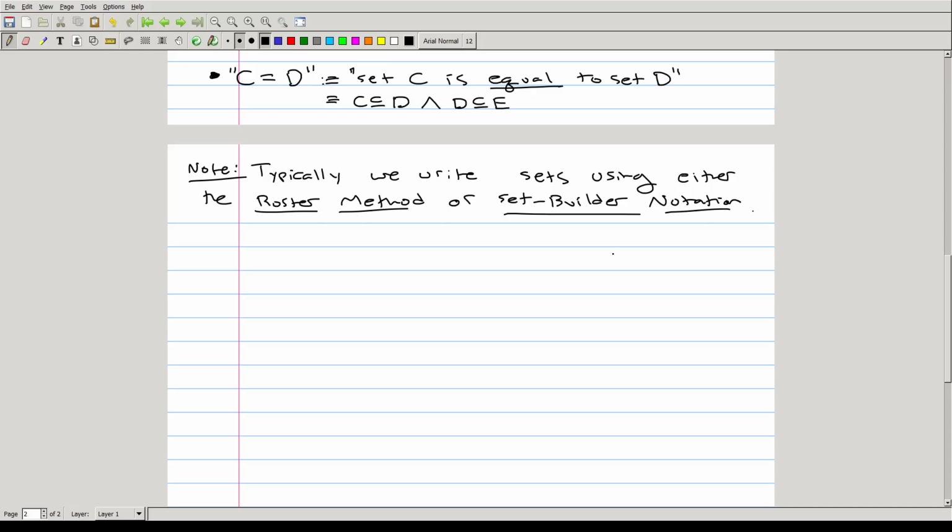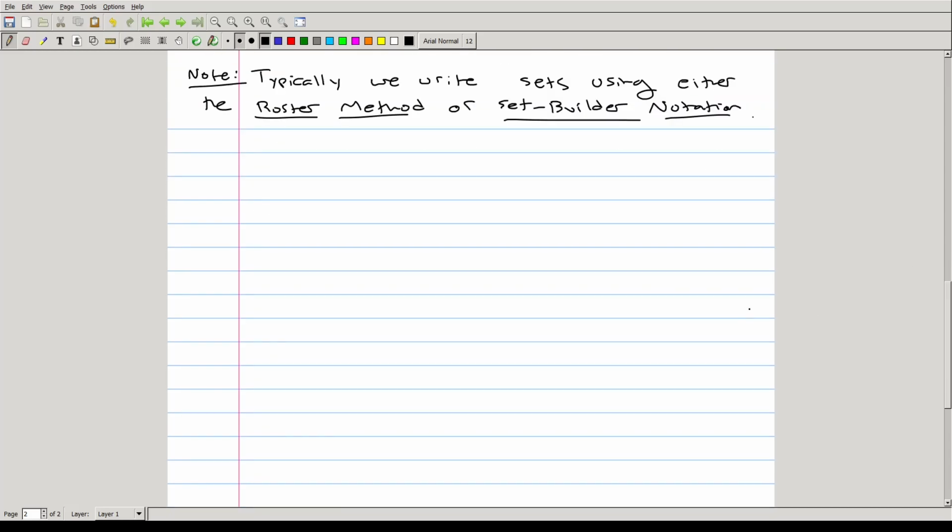We'll see some very basic examples in the following couple of pages.